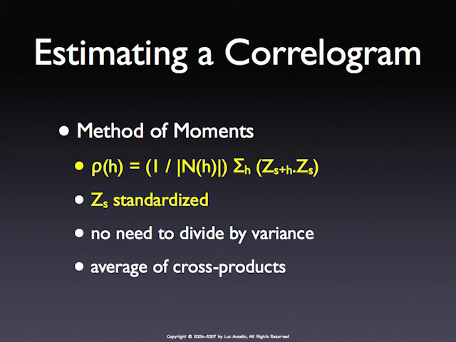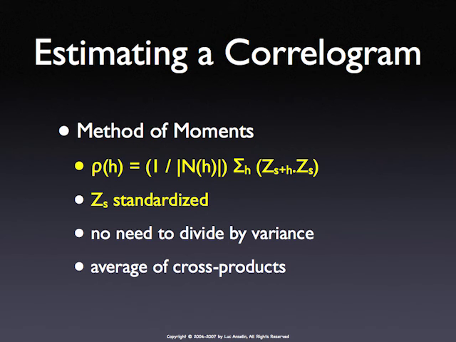Since they're standardized, you don't have to worry about doing the division by the variance. Everything has the same variance, and you simply average them in the band. Okay. And what does that look like then? It looks like something like this.